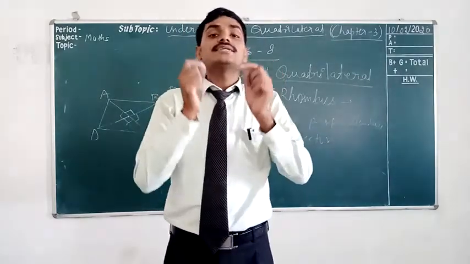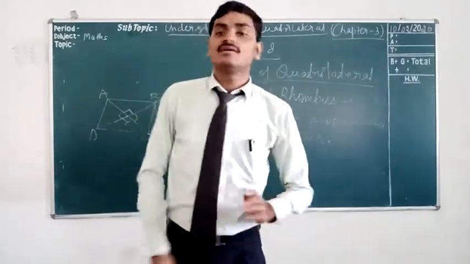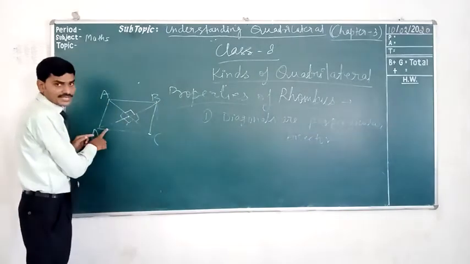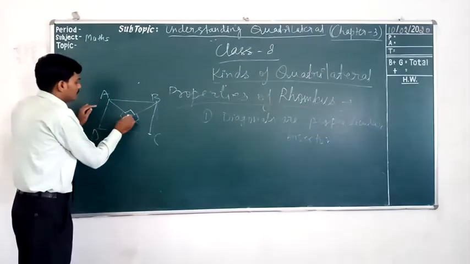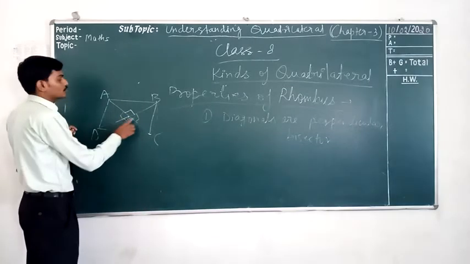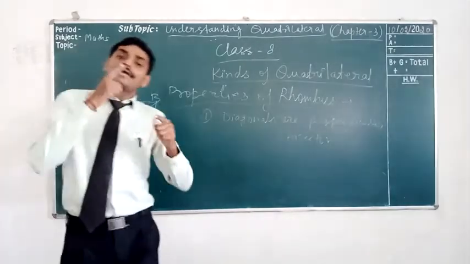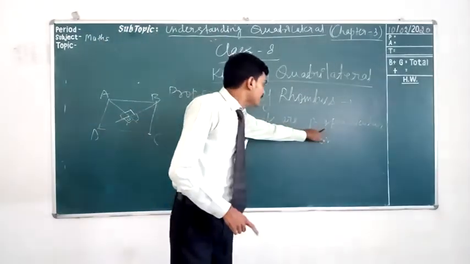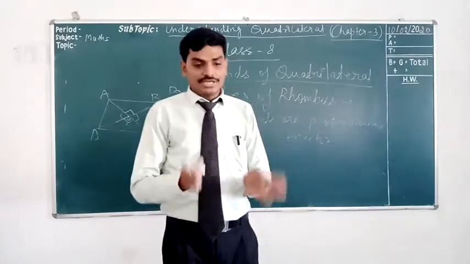Here AC is perpendicular to BD, and if this is the O, then AO equal to OC and DO equal to OB. It cuts into equal length and at 90 degree, that is the perpendicular bisector to each other.